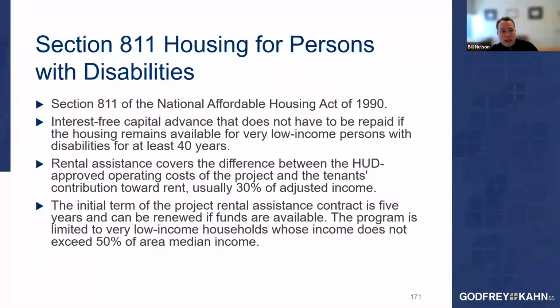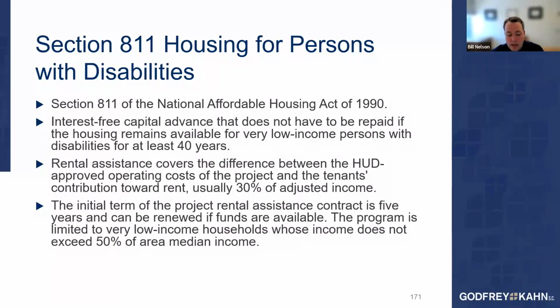So turning to the second category of the specific types of rental housing programs. This is the Section 811 Housing for Persons with Disabilities program, and it's really a twin program with the preceding topic we just covered. The structure and operation of this program is very similar.